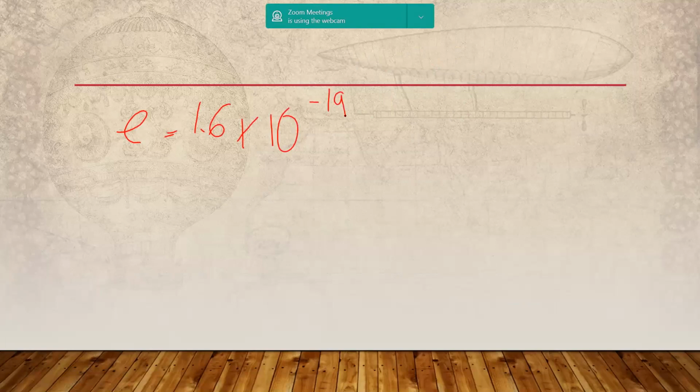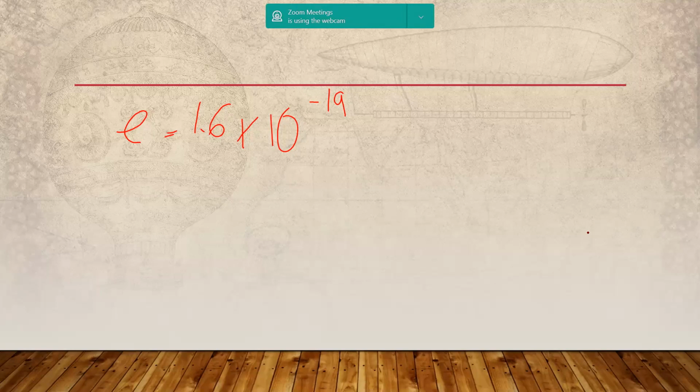This is the charge of an electron. So the charge of an electron is 1.6 times 10 to the negative 19. Now, they told me that the number of electrons is a whole number.